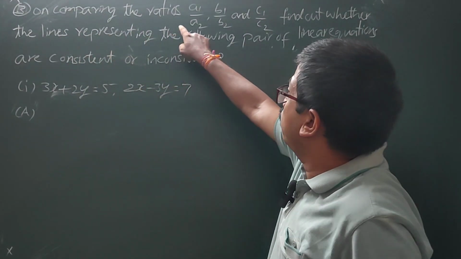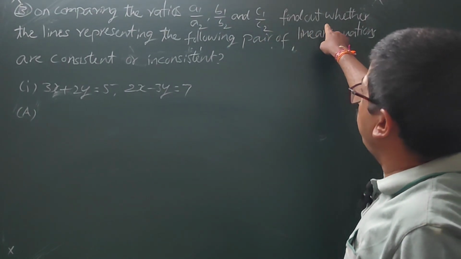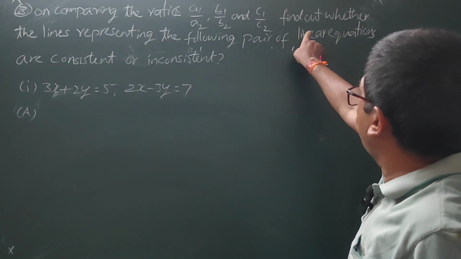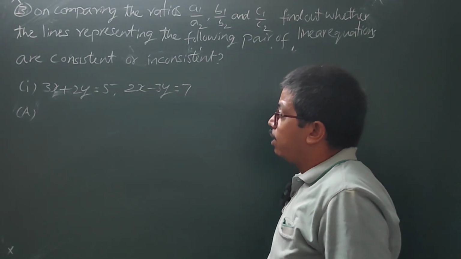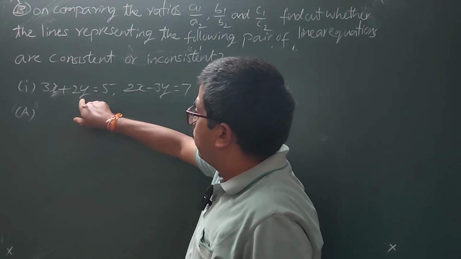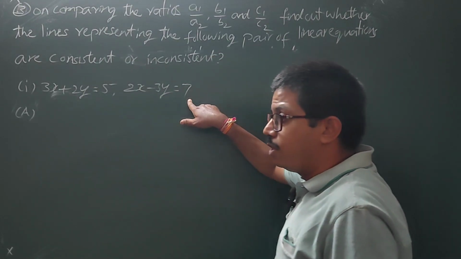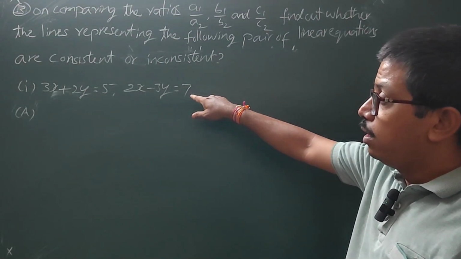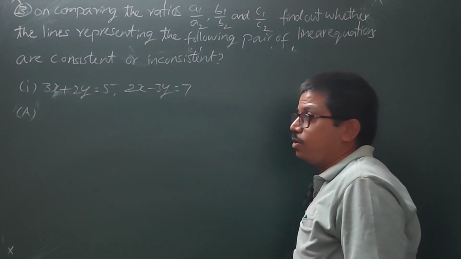Third question, on comparing the ratios a1 by a2, b1 by b2 and c1 by c2, find out whether the lines representing the following pair of linear equations are consistent or inconsistent. Here I observed that in the first question you are given 3x plus 2y equal to 5 and 2x minus 3y equal to 7. So it is not in standard form, but we need the standard form ax plus by plus c equal to 0.